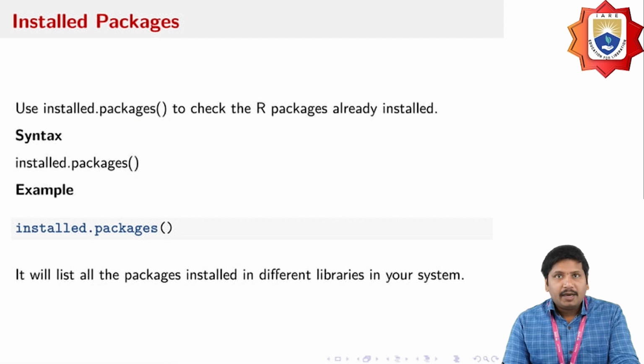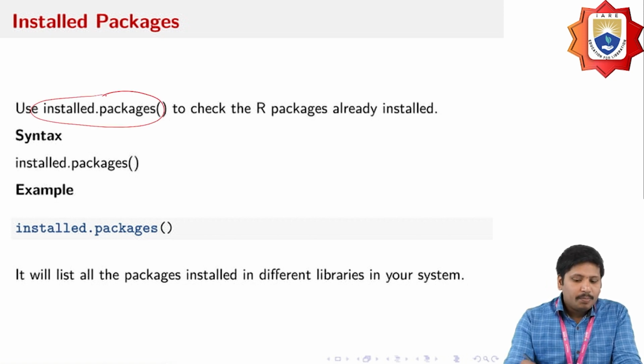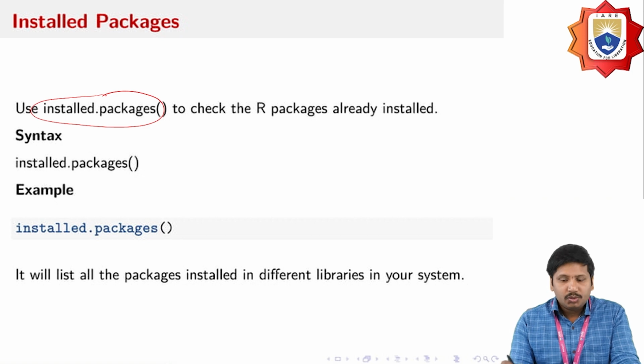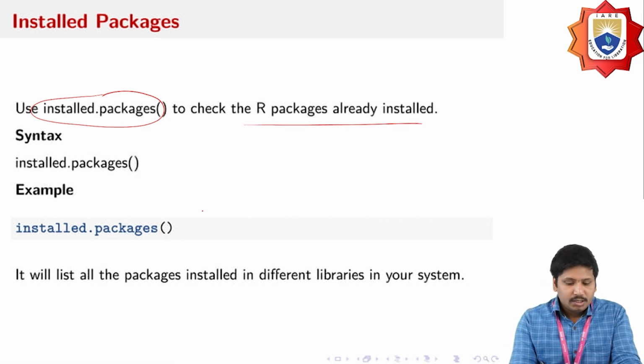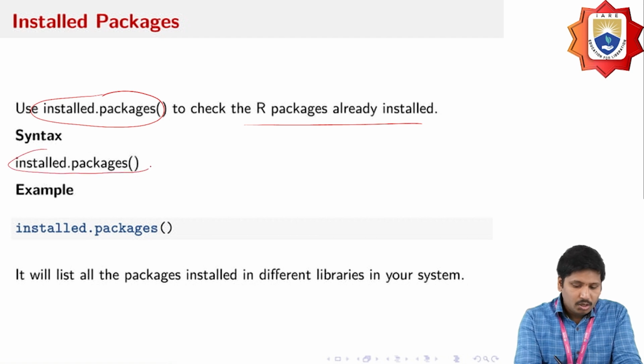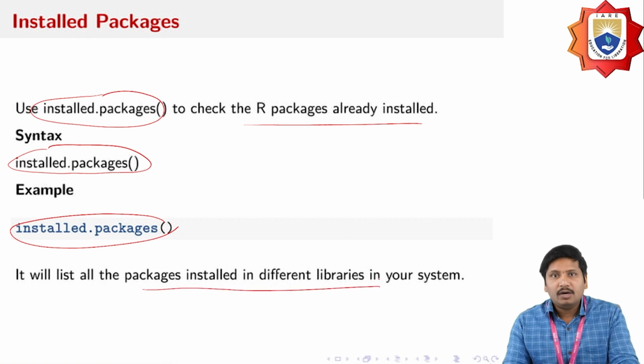Then installed packages. How can we know what packages are installed in our RStudio? For this, the installed.packages() function is used to check whether the R packages are already installed or not. If I type this, then you can know whether the packages are installed in different libraries in our system.